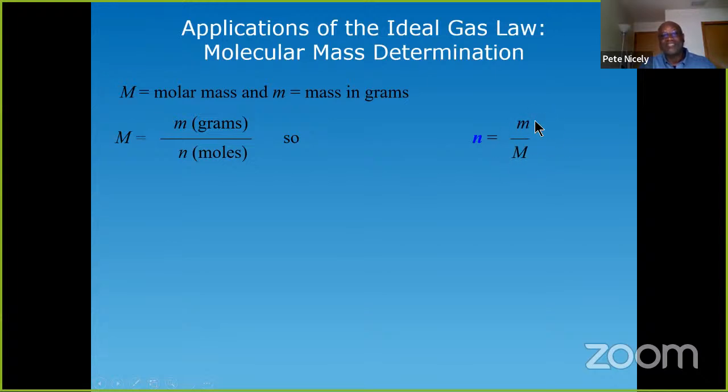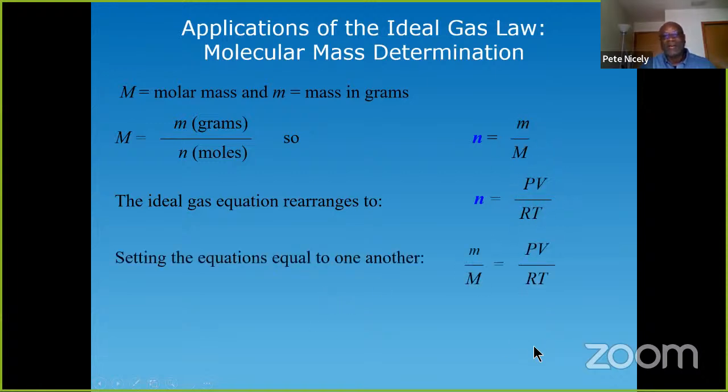In other words, lowercase m divided by uppercase M, all right? We can also have an expression for n based on the ideal gas equation, right? n is equal to PV over RT. That's basically the ideal gas equation. So here we have two things that n is equal to. n is equal to the mass in grams divided by the molar mass, and it's also equal to PV divided by RT. So we can set this being equal to this, and that's what we have right here.